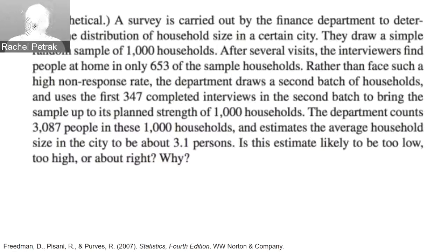Rather than face such a high non-response rate, the department draws a second batch of households and uses the first 347 completed interviews in the second batch to bring the sample up to its planned strength of 1,000. The department counts 3,087 people in these 1,000 households and estimates the average household size in the city to be about 3.1 persons. Is this estimate likely to be too low, too high, or about right?